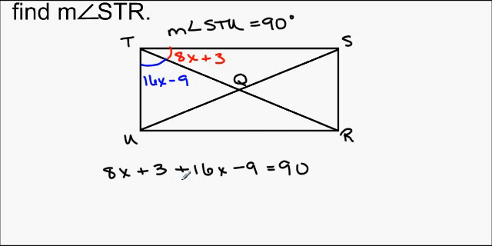Now I'm going to combine my like terms to solve for x. So I get 8 and 16 is 24x. 3 minus 9 is a negative 6, equals 90. Next step, I want to get my x's by themselves, so I'm going to add a 6 to both sides.